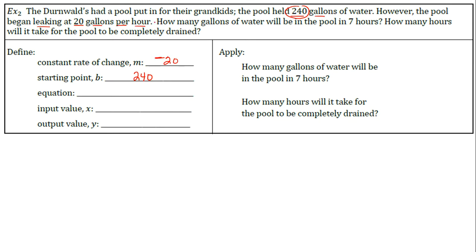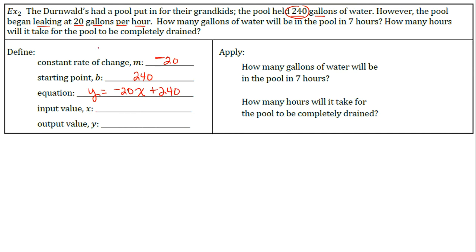Now, it didn't say it in the instructions, but it should have asked you to write a linear model to represent the total amount of water. So let's do that. y equals, it's going down, my constant rate of change is negative 20 times x plus the 240 that it starts out with.